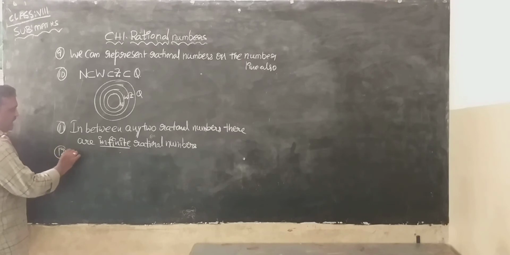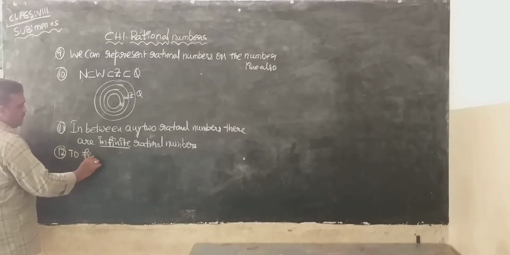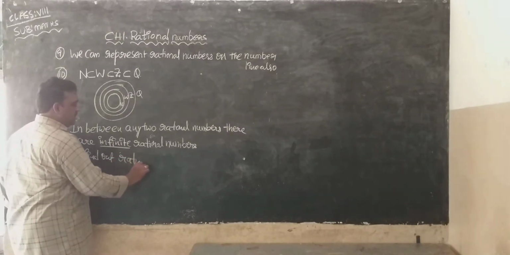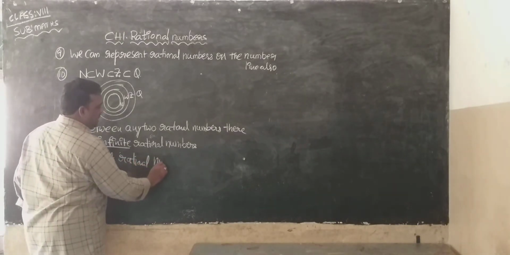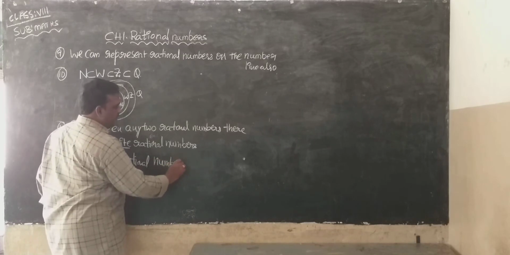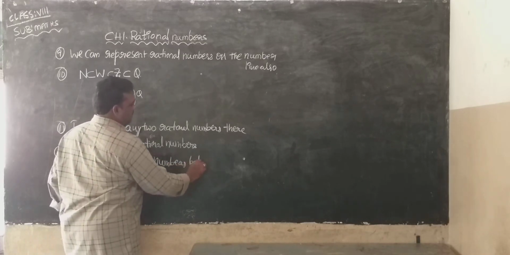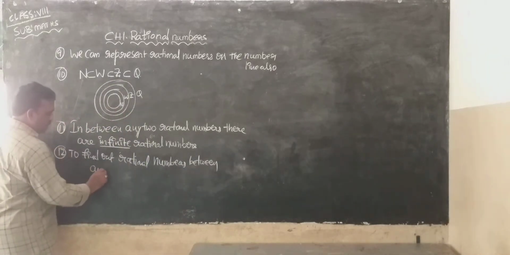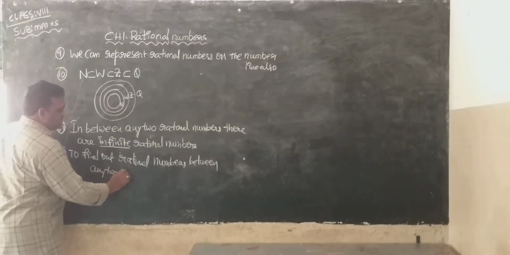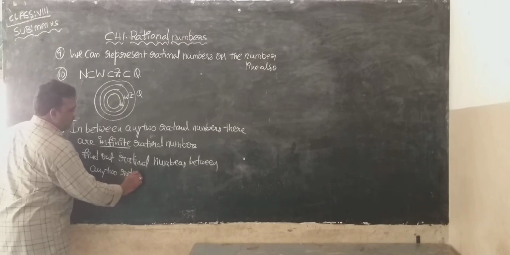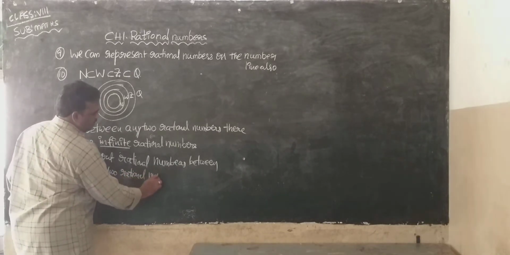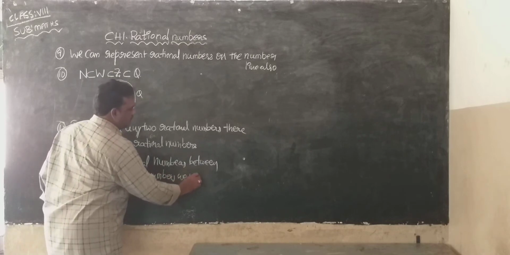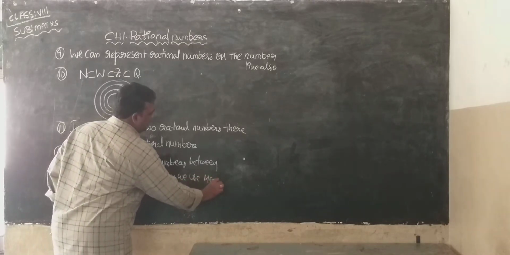So to find rational numbers between any two rational numbers, we use the mean method.